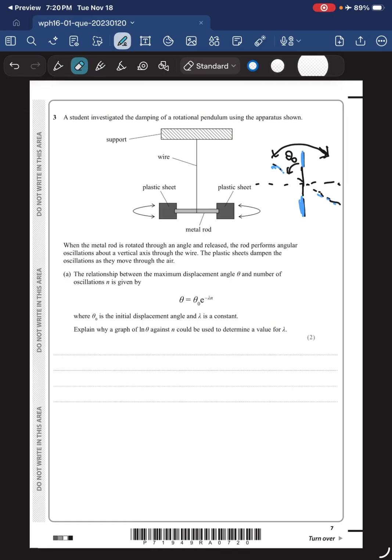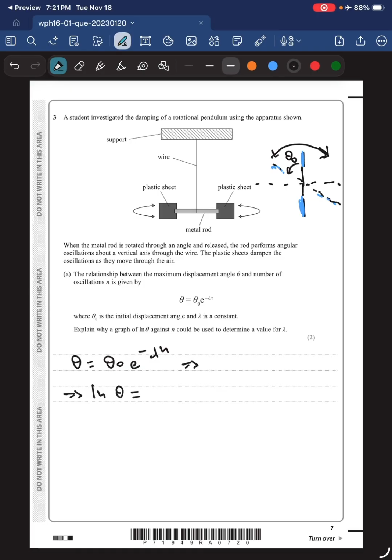This is quite involved. Okay, explain why a graph of ln of theta against n could be used to determine a value for lambda. See, this is an easy problem actually, despite the difficulty in understanding what's going on. So theta is theta naught e to the minus lambda n. So if we take the ln on both sides, we will find ln of theta is equal to ln of theta naught minus lambda n.